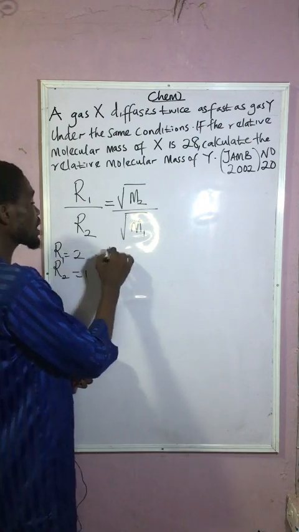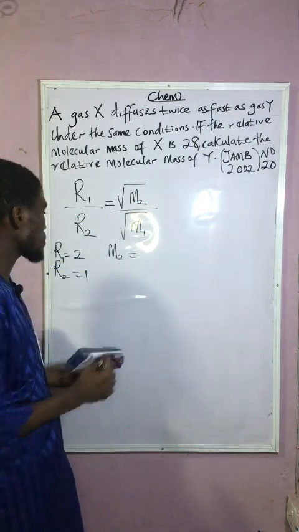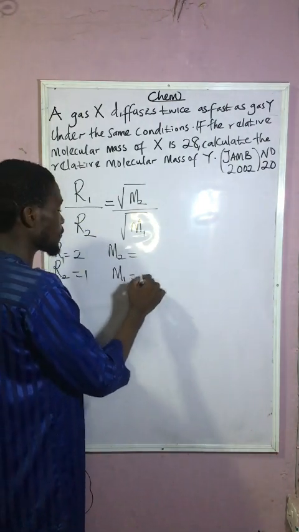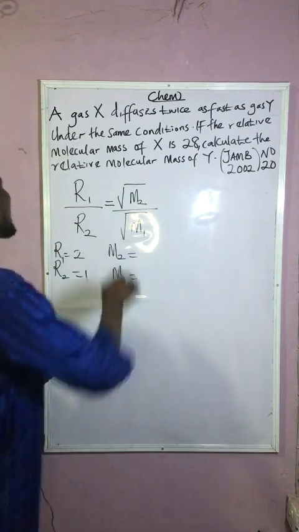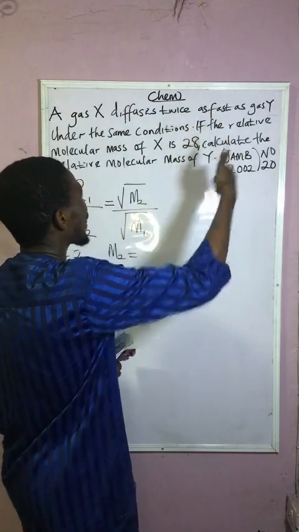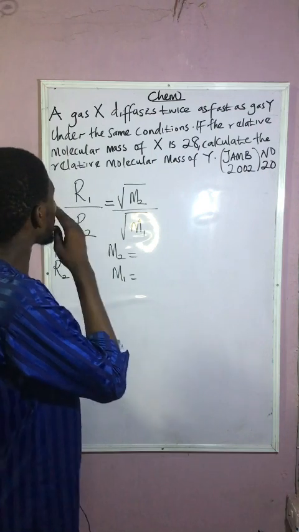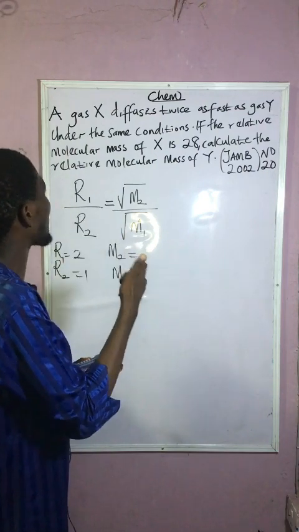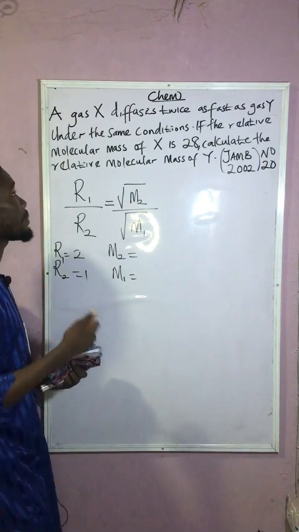Now the molar mass of the second gas is M2, and the molar mass of the first gas is M1. According to the question, a gas X diffuses twice as fast as gas Y under the same conditions. If the relative molecular mass of X is 28, calculate the relative molecular mass of Y.